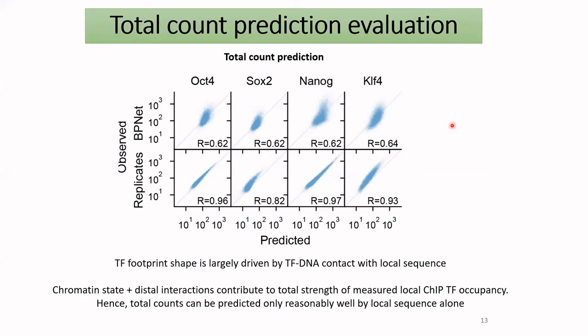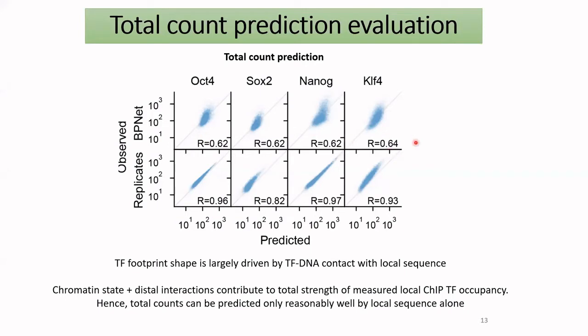The first evaluation metric tells us that we're pretty good at the shapes of the profiles. When we compare the observed and predicted total counts, we see that our models are pretty good, but nowhere close to the replicates. Replicates have very high concordance, close to 0.97, 0.96. Models are good, but nowhere close to them.